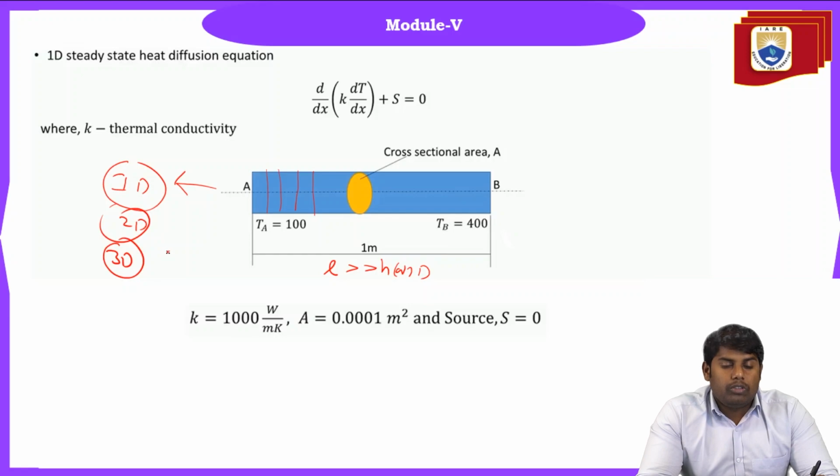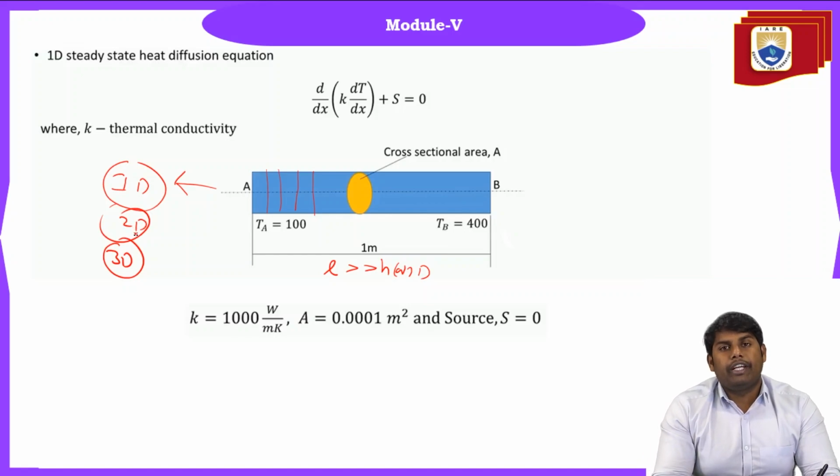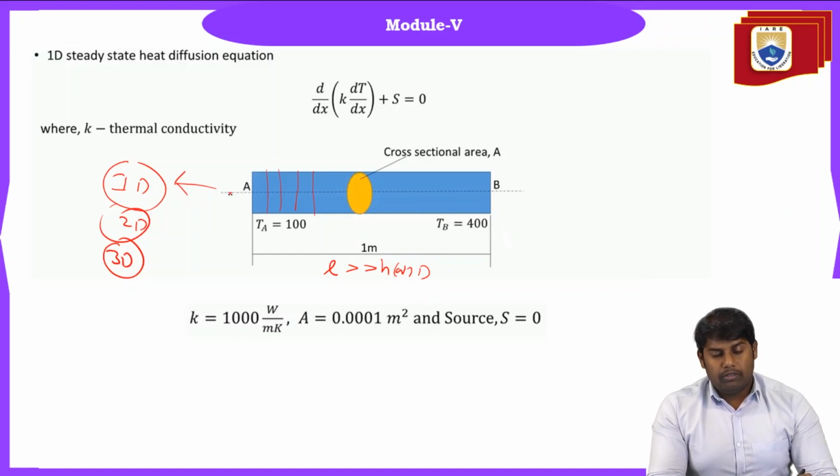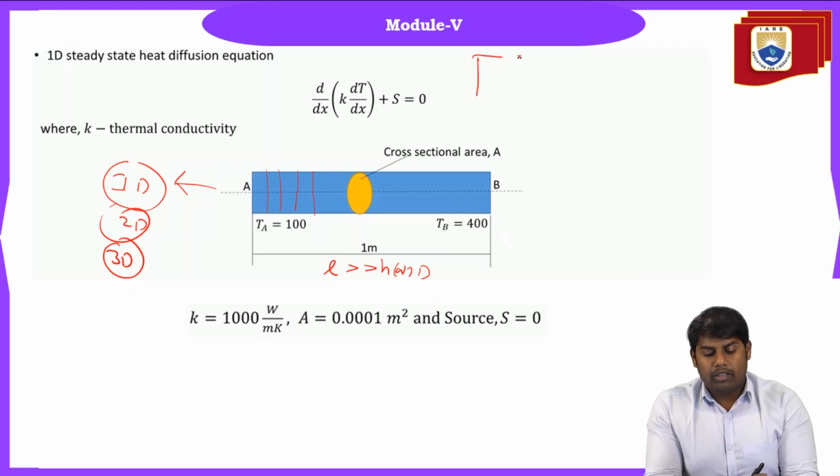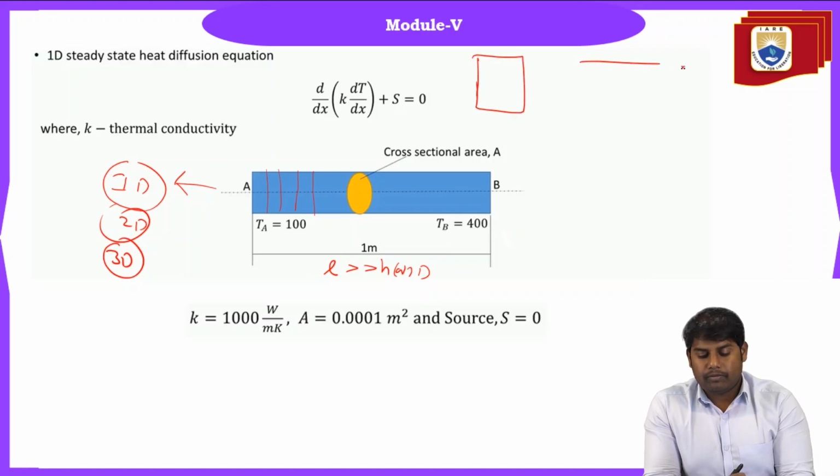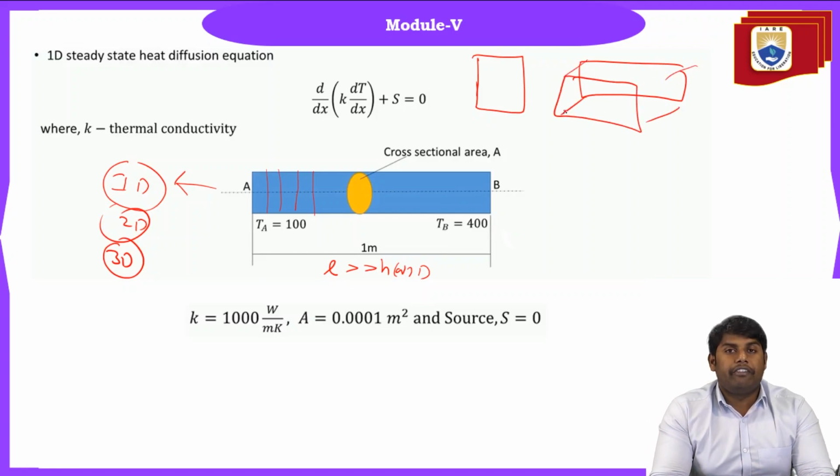Fine. So that element will correspond to 1D. 2D has length and height of comparable size. 3D, you will have the full-fledged, full-scale model. Fine. So this is 1D. Let's say this is your 2D, let's say the cuboid. So we have it as 3D. So this is the difference.